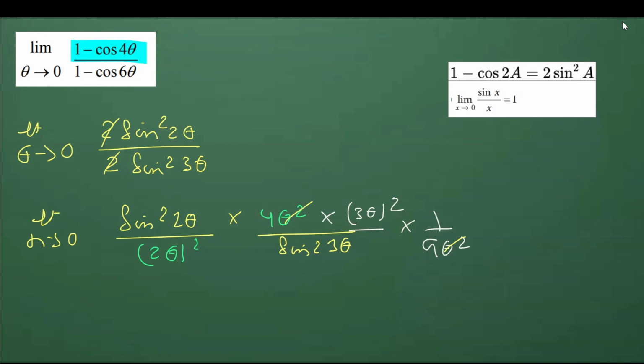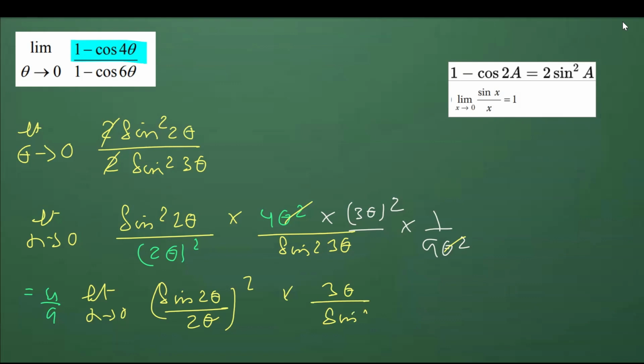So we can write this outside the limit. So this is equal to 4 over 9 outside the limit. And then we have limit theta tending to 0 of sine 2 theta over 2 theta whole square, and similarly the remaining part can be written as 3 theta over sine 3 theta whole square.